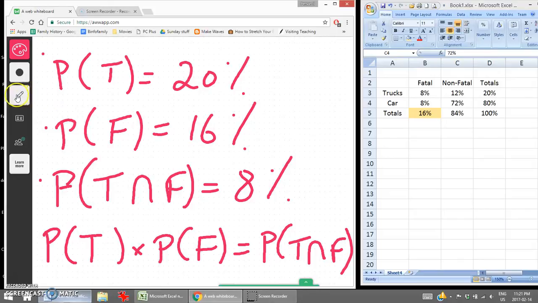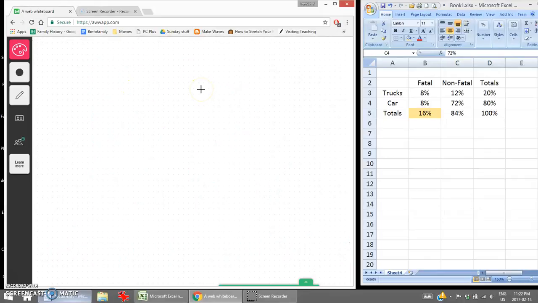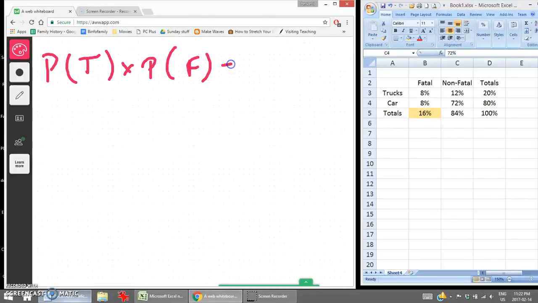I need a little bit more room, so I'm going to delete that, and then I shall write this out again for our reference. We know the probability of being in a truck accident is 20%.